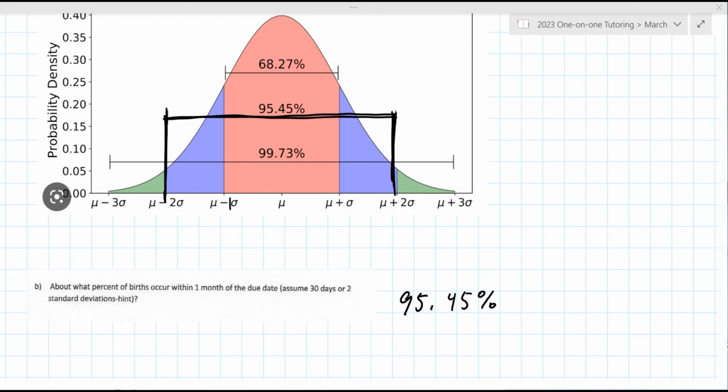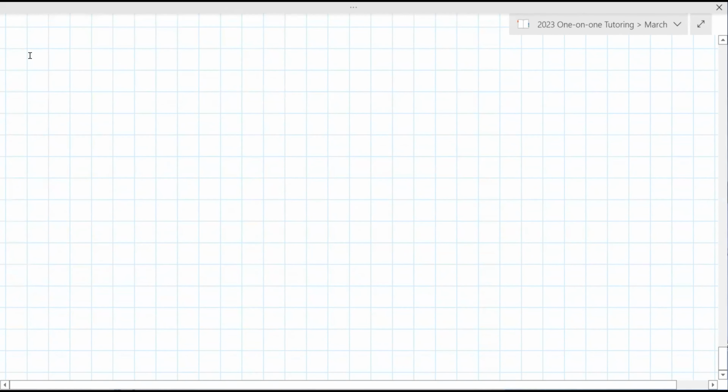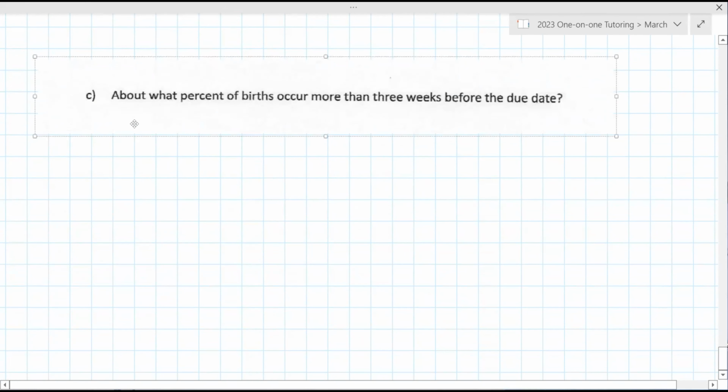So C, more than 3 weeks before the due date. This one's a little tougher because we have to know how to calculate the standard deviation here. 3 weeks is 21 days, so it's 21 days divided by the standard deviation.